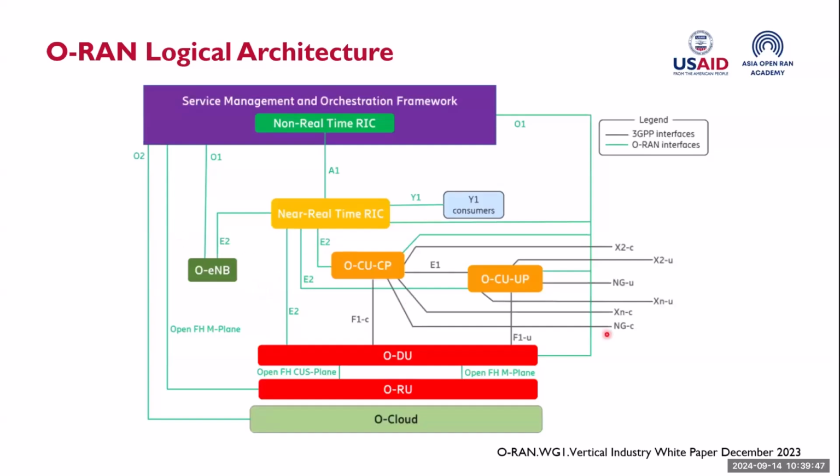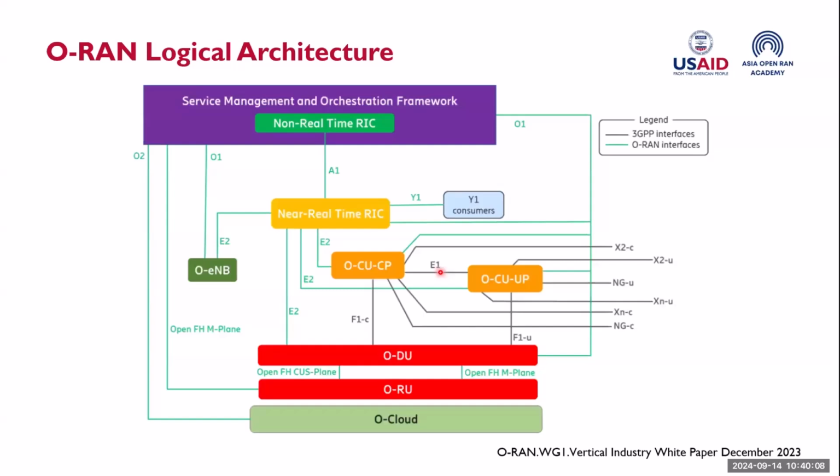So there are many parts, but this architecture is being discussed in the RAN intelligent controller and the deep dive of the Open RAN architecture. We're just having an overview of what the components of an Open RAN logical architecture are.